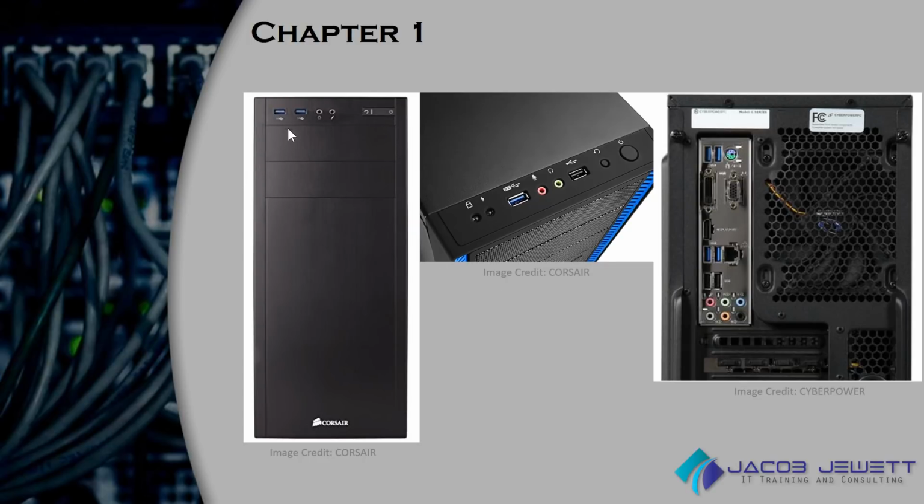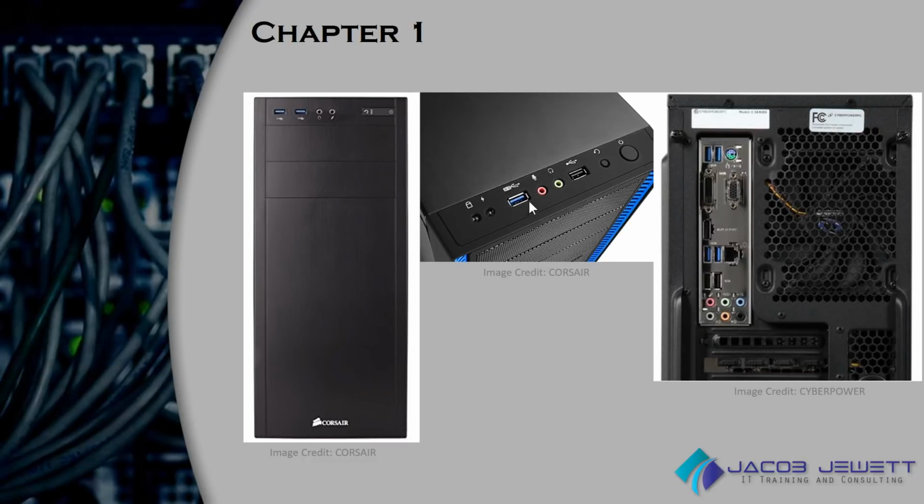But what we need to identify here is we have USB ports here. USB stands for Universal Serial Bus. There's many different versions of USB ports. I think we're up to, as of this video, I believe it's version 3.1. But we have different standards of USB ports.